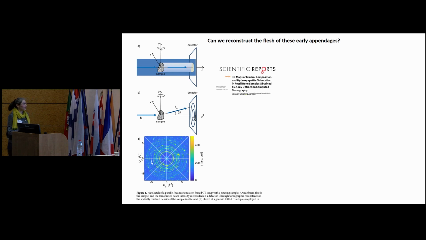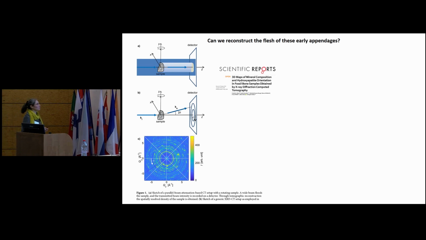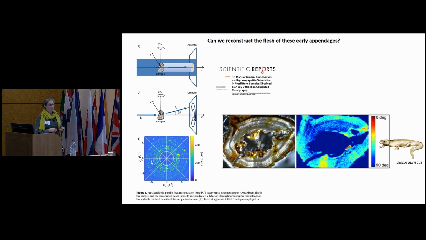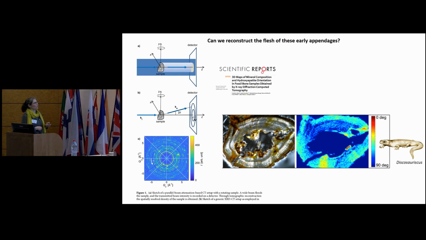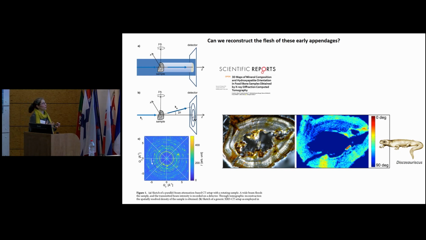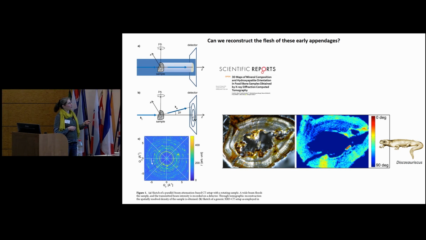So we tried to develop another technique with some colleagues from ID15. The idea was to do X-ray diffraction tomography, to have a tomographic image of the bone, so a 3D image of the fossil bone, and to have the information of the crystals, their orientation.